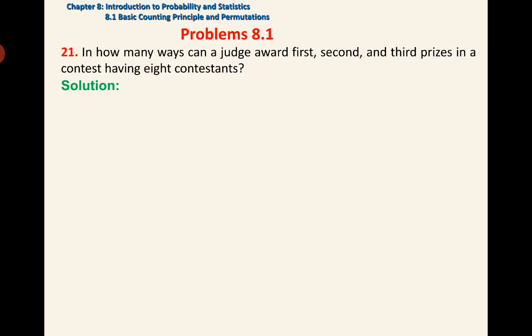How many ways can a judge award first, second and third prizes in a contest having 8 contestants? Okay. The prizes are first, second and third, isn't it? The first prize can go to any one of the 8 members. So 1 out of 8. If the first prize goes to one person, there will be 7 persons remaining.